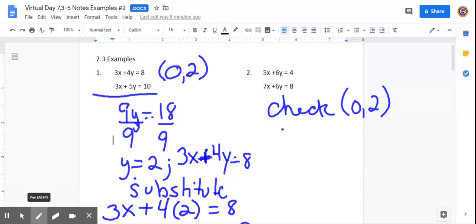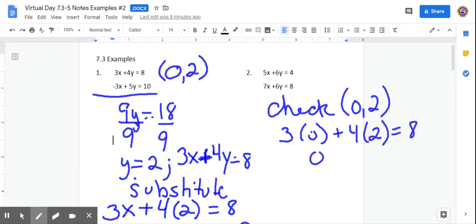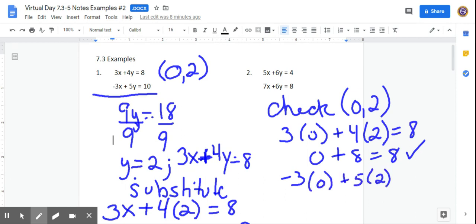Put it in the equations. 3 times 0 plus 4 times 2 equals 8. 0 plus 8 equals 8. Yes, it does. Put it in the second equation. Negative 3 times 0 plus 5 times 2 equals 10. 0 plus 10 equals 10.